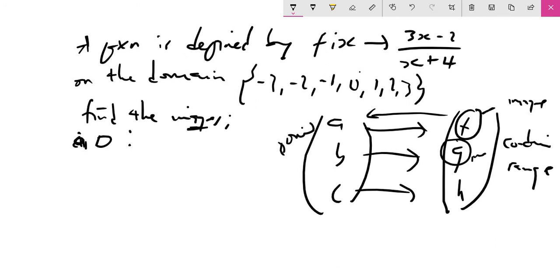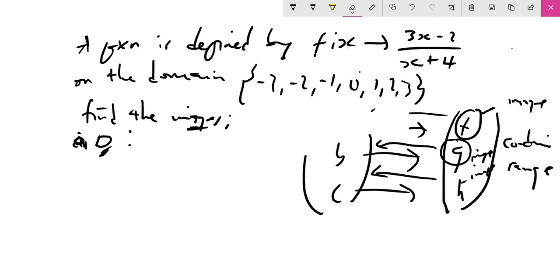This is an image of this, and this is an image of that. Is that clear? So that's what we mean by image. So what this question basically means is that we should take each of the values given and find what the function will give. So meaning when you put this value in f of x, what will come out, and that's what you report. Okay, so let's do just that.